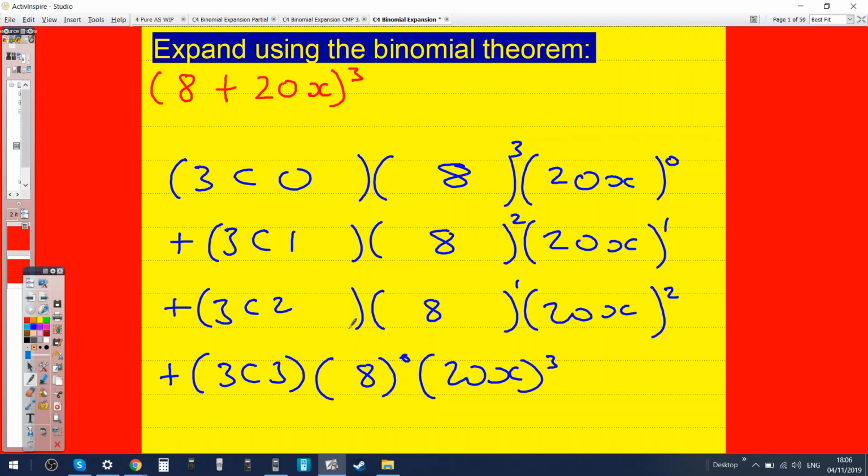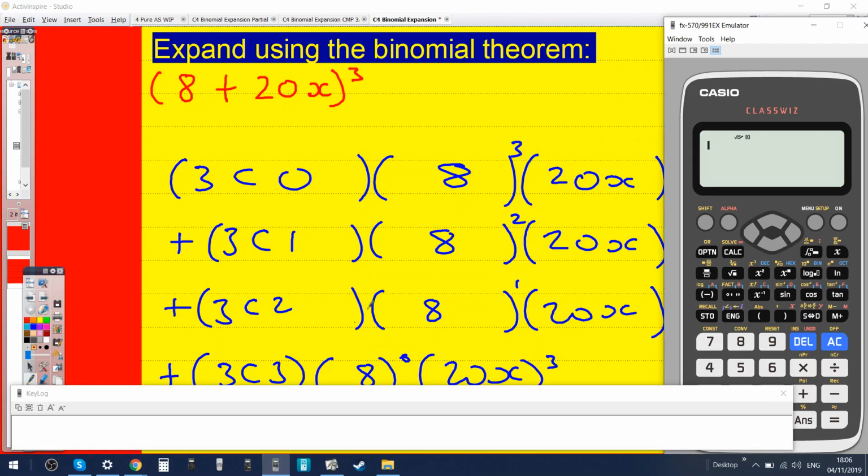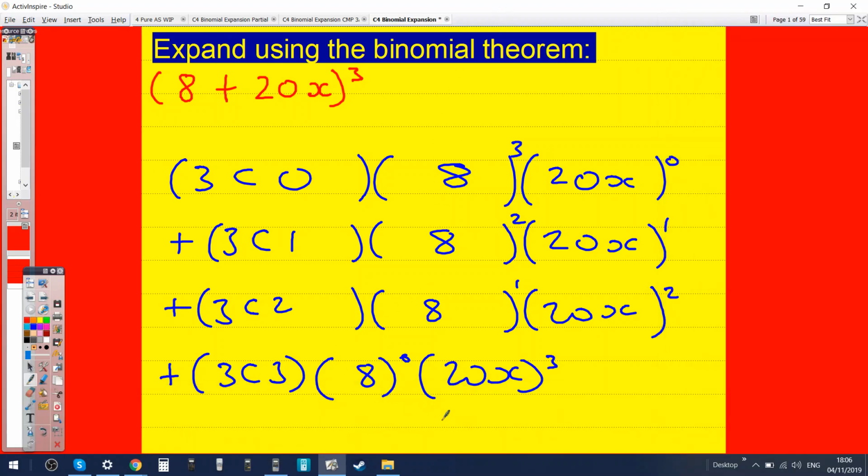And so let's do the x to the 2 one. What do you get for that? So 3 choose 2, 8 to the 1, 20 to the 2, which is 9,600. So that is 9,600.